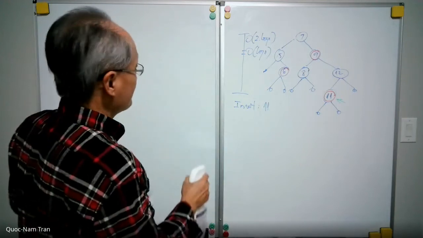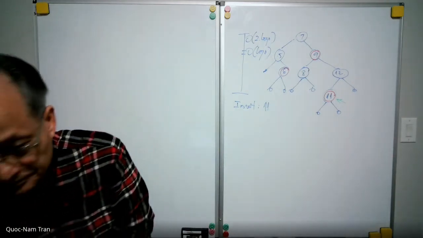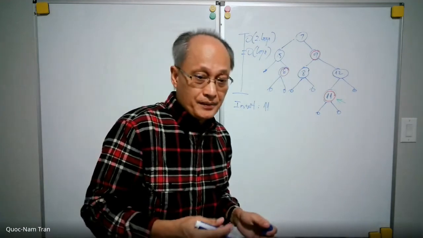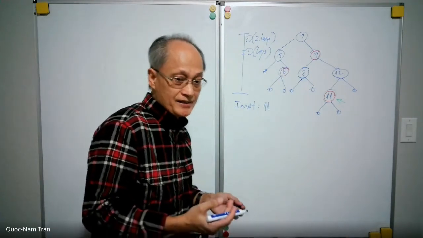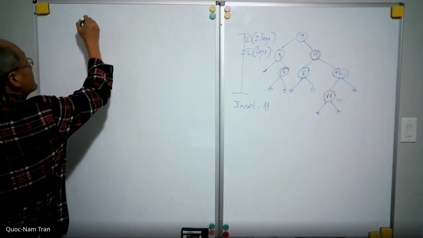We will have a hands-on exercise like this. Build a red-black tree by inserting the following elements.